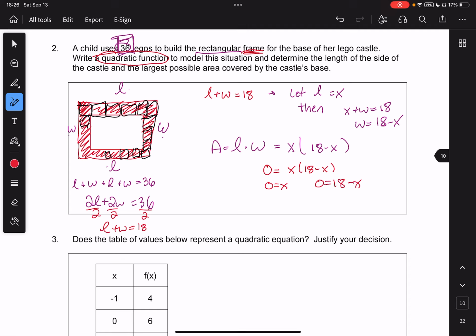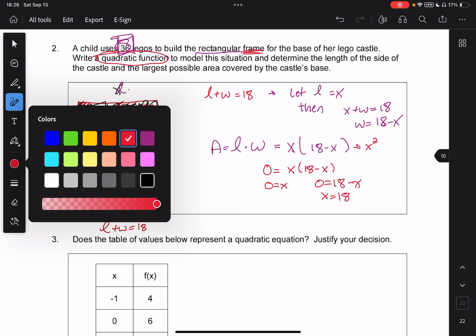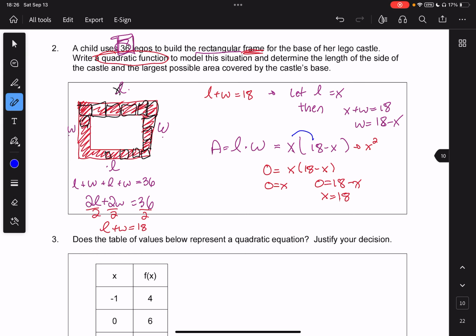So x is either 0 or x is 18. Let's multiply it out. x times 18 becomes 18x, and then x times negative x, so minus x squared.